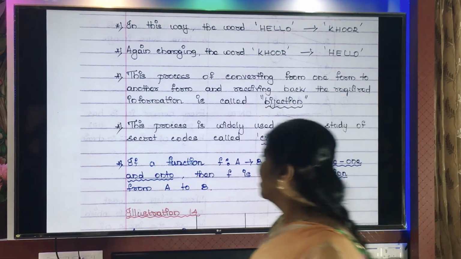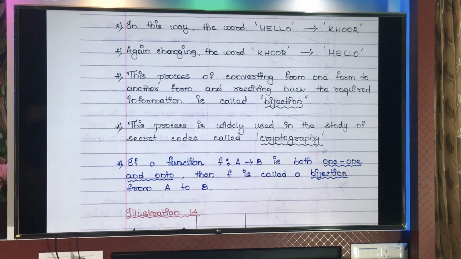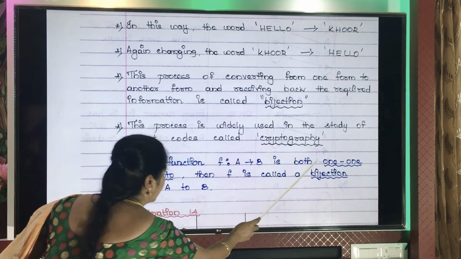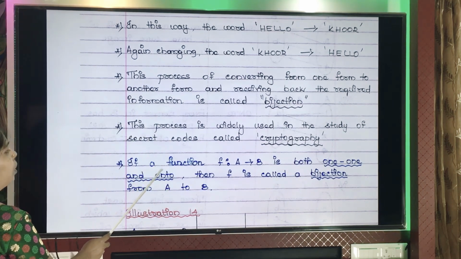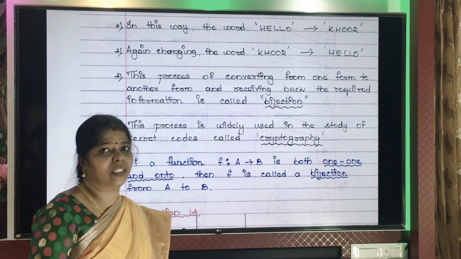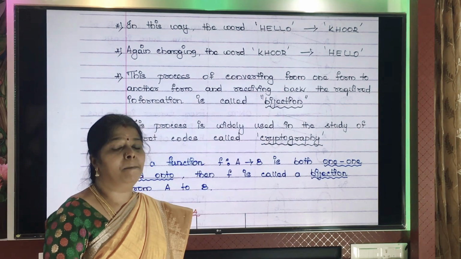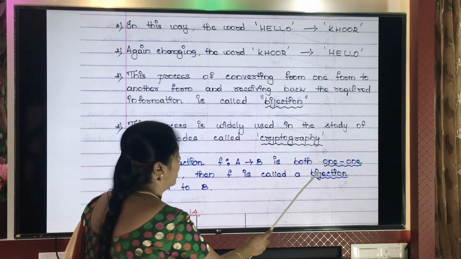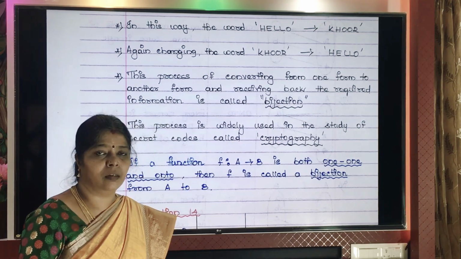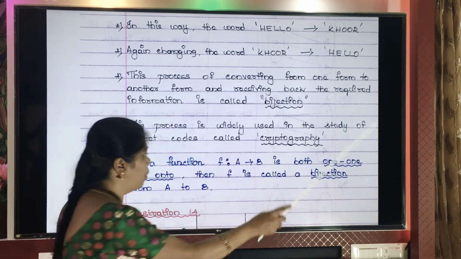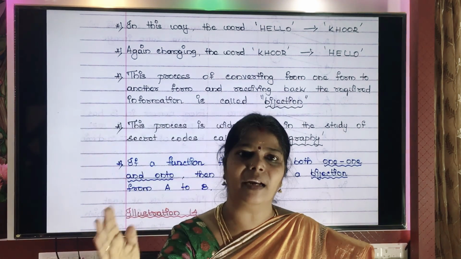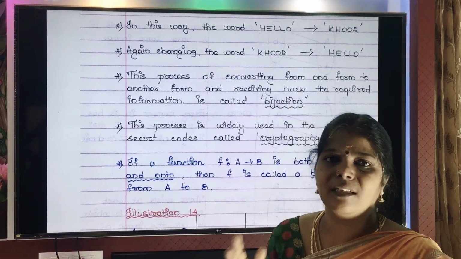Alright. If a function f from A to B is both 1 to 1 and onto, so coming to functions, mathematically speaking about functions, you can call a function as bijection only when it is both 1 to 1 and onto.